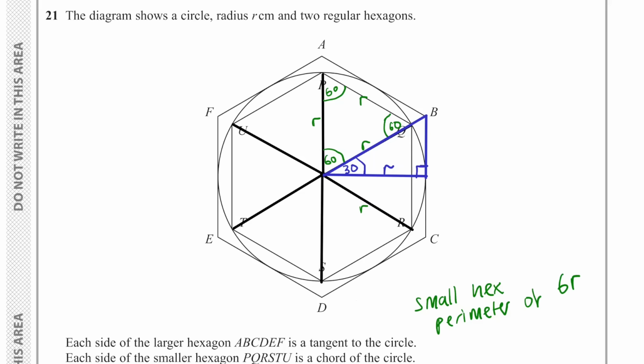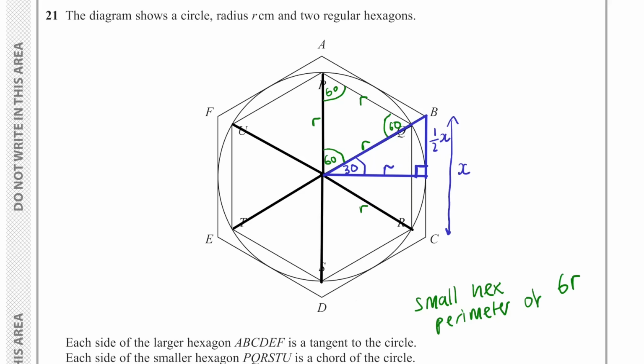And we've got a right angle here. So if we say that the whole length is an x, I'm not going to use r again, I've already used it. That means we've got half of an x here.